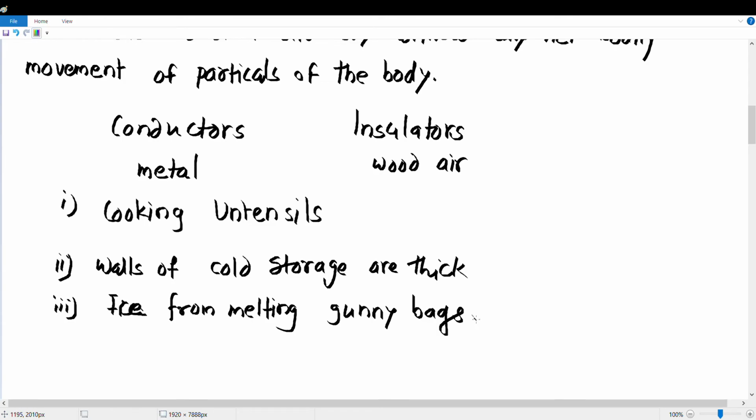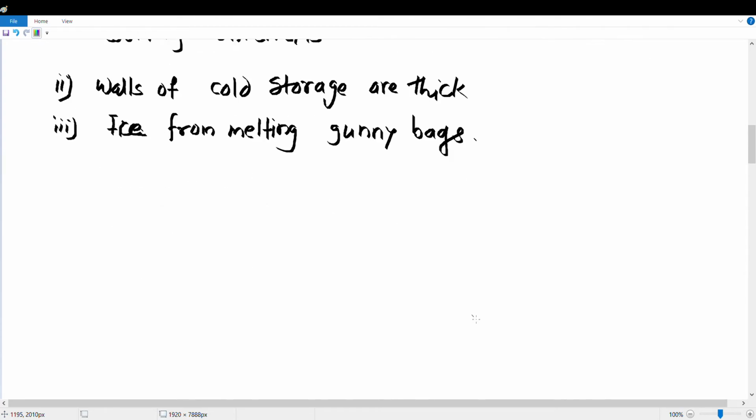The ice is wrapped in gunny bags so that the ice does not get melted. Now let us see the next one, that is the coefficient of thermal conductivity.